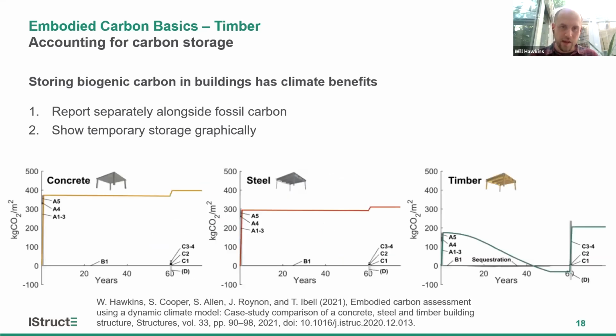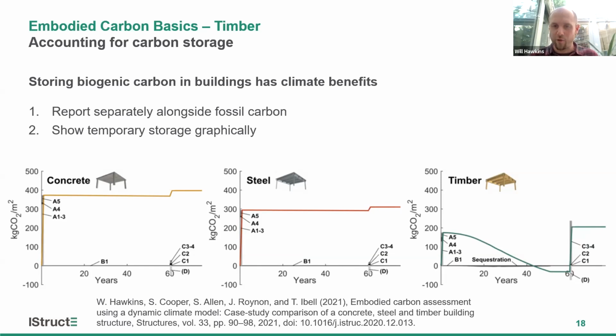So if you apply this to a project, it might look something like this on the right. This is a study that I published recently comparing concrete, steel and timber based on the Buro Happold structural sensitivity study published by the IStructE. So you can see that if I'm using the forwards-looking approach, then we have our fossil emissions, we have our sequestration, and then we have our re-emission at end of life.